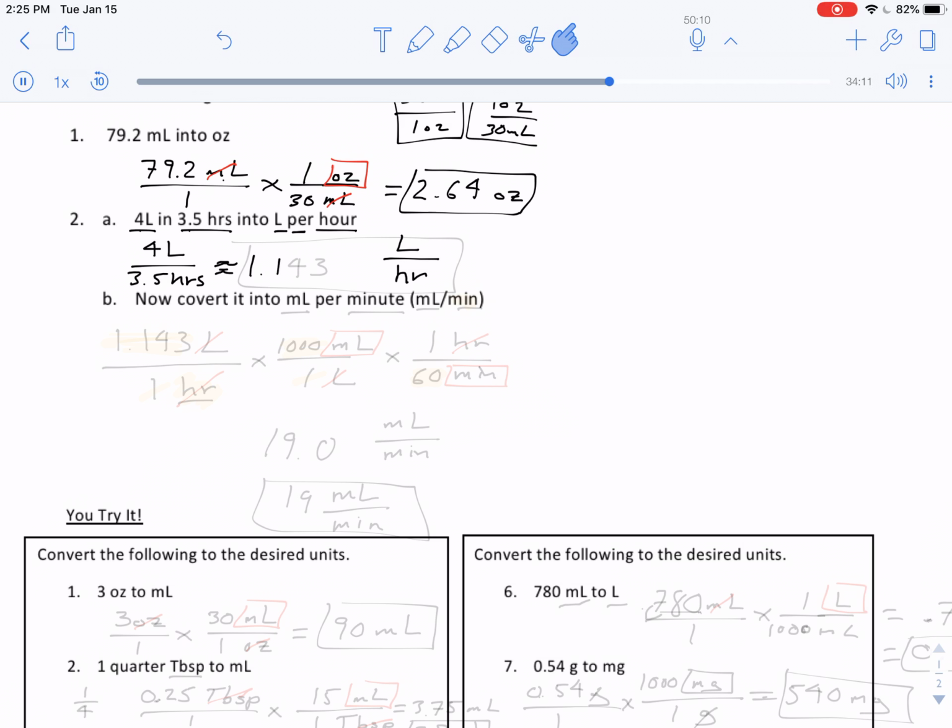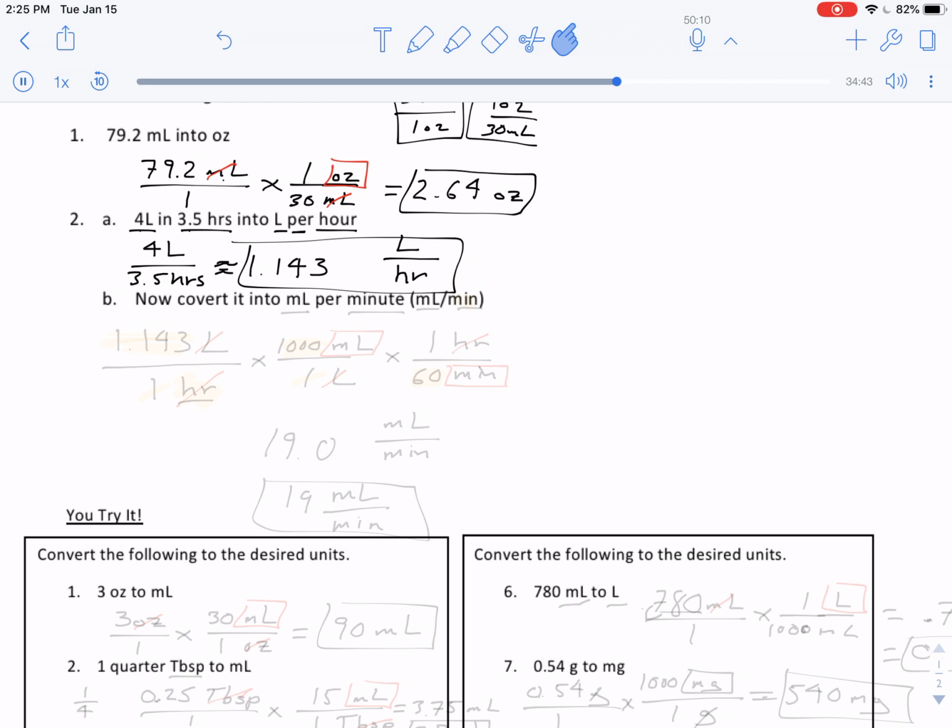And we are talking about liters, so I don't know where to round here for what's appropriate, so I'm going to round to where I think is appropriate. 1.143 if I round to the thousandths place. So we are talking about liters per hour as the answer. The reason why I wanted to bring this up is because next semester we do this more. And this is really the true benefit of our cards.